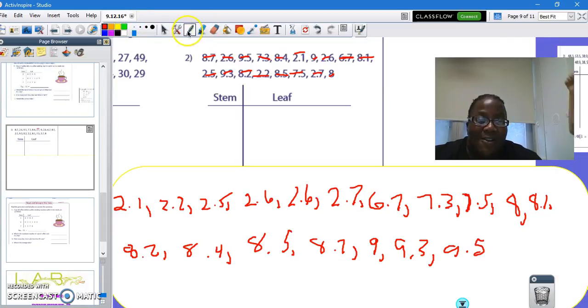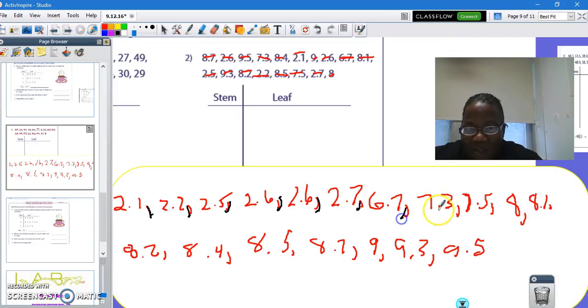So now, I'm just going to make my commas in black so you can make sure you see the difference between the numbers. Because it's hard writing with this mouse. All right. Here we go. Ha. All right, so now let's start our stems.